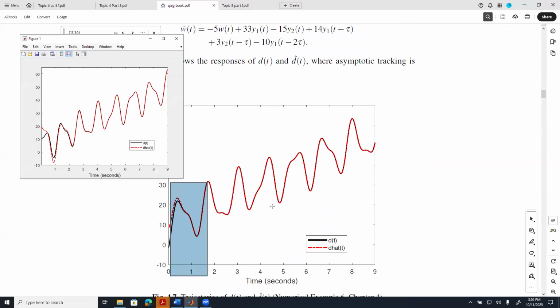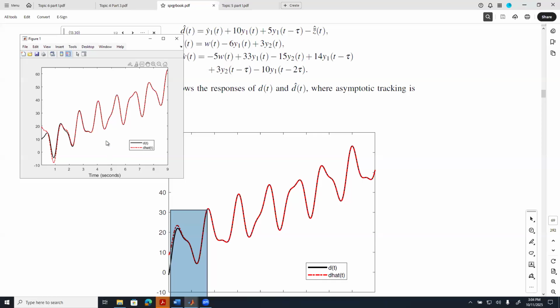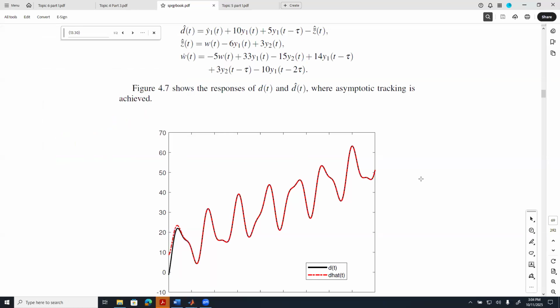All right. But as far as asymptotic convergence is concerned, this is the thing that we can do for this example 1, chapter 5.